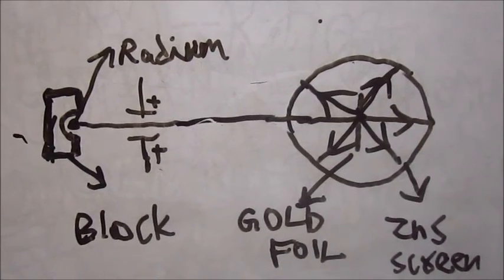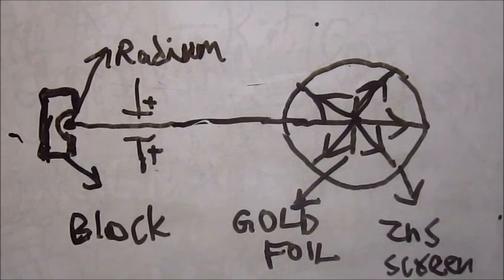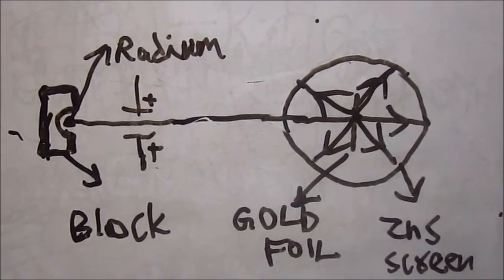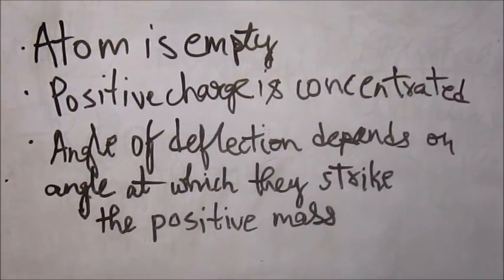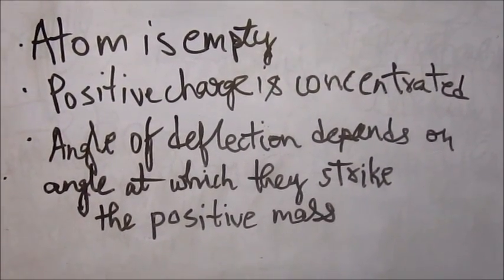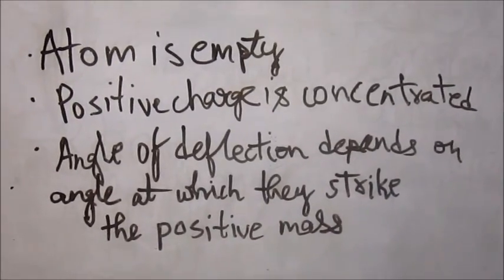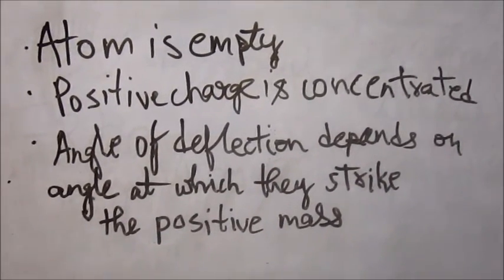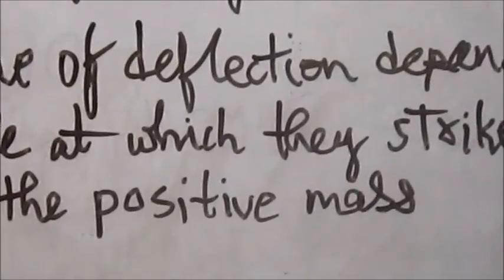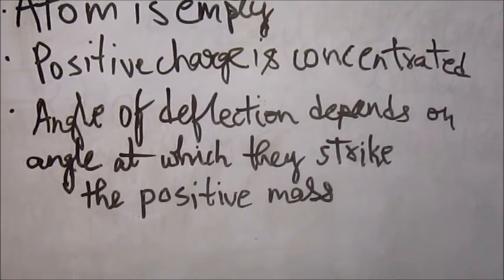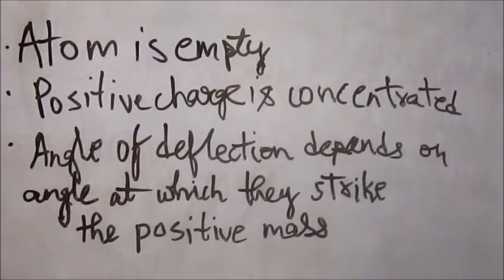However, if they pass very close to the concentrated positive mass, they get deflected through large angles. Later, the following conclusions were made. It was concluded that the atom is mostly empty. Positive charge is concentrated at some point in the atom, and the angle of deflection depends upon the angle at which the alpha particles strike the positive mass in the atom.